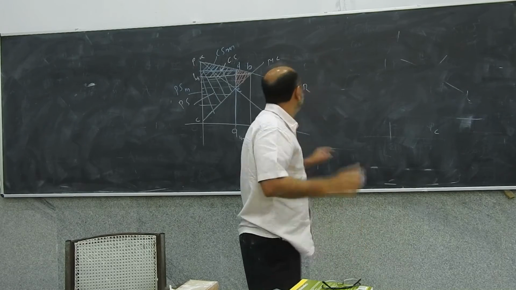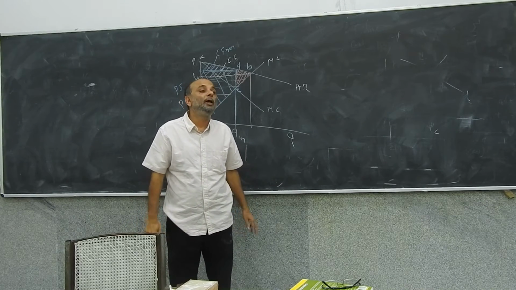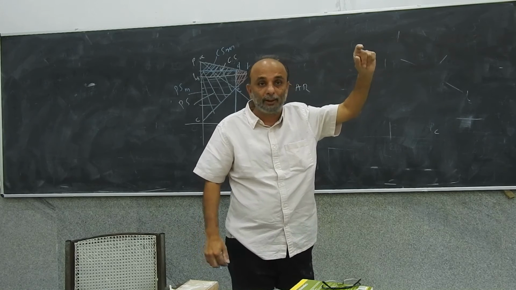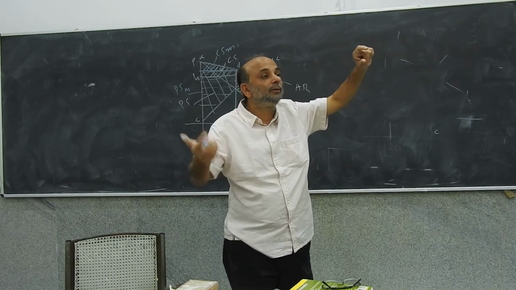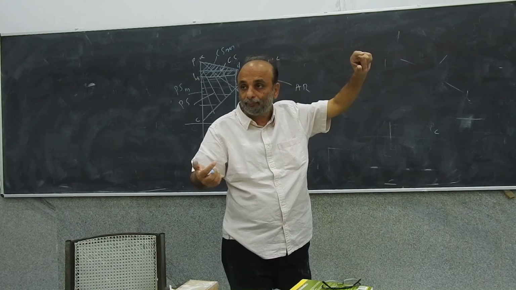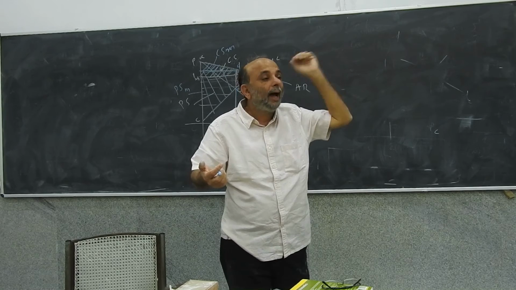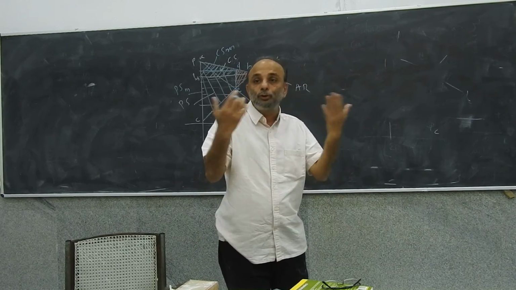As long as the demand curve is above the marginal cost curve, it corresponds to all those points where the valuation of society at the margin of a commodity is higher than the marginal cost of that commodity. Okay, and therefore, as long as that's there, it makes sense to produce more.